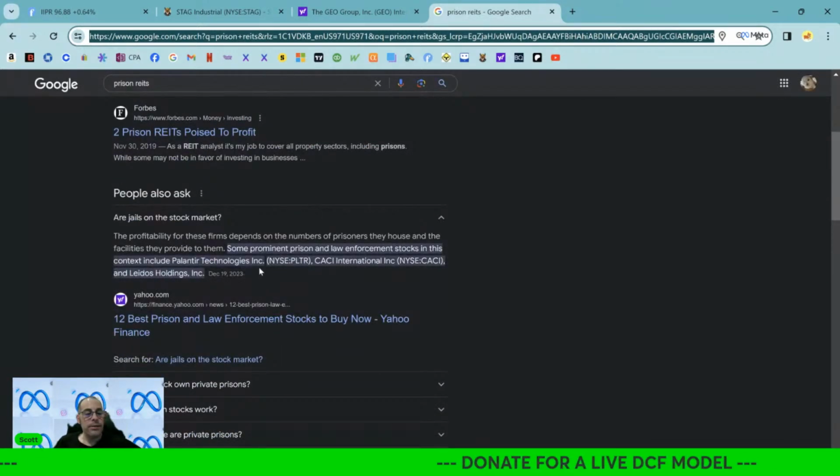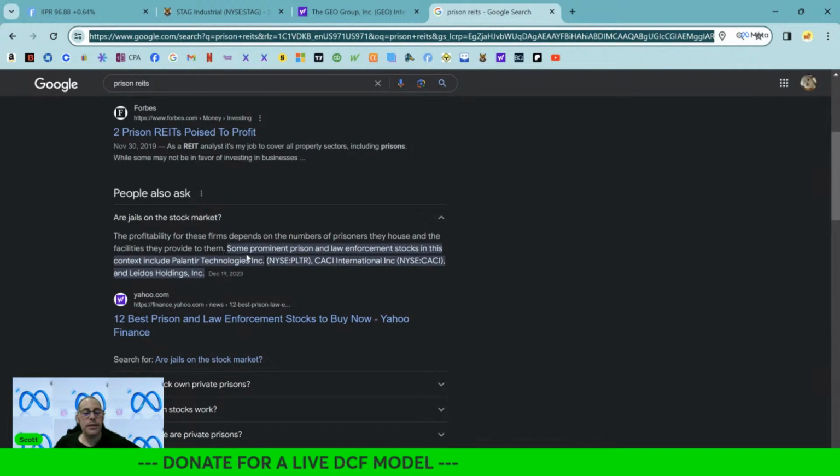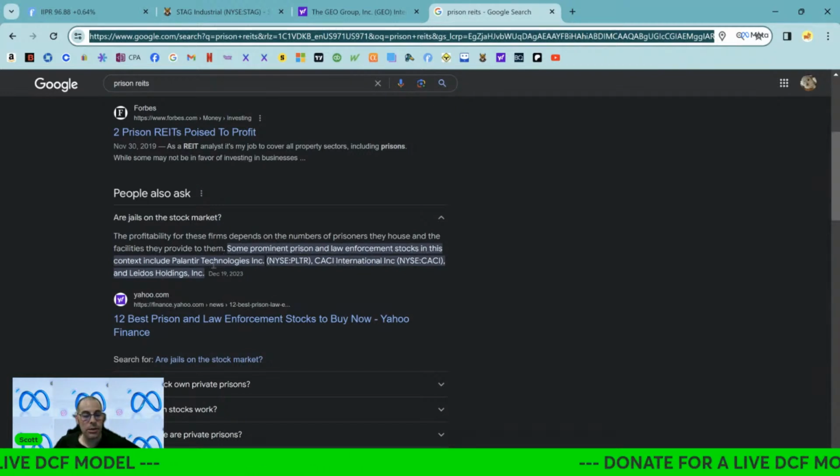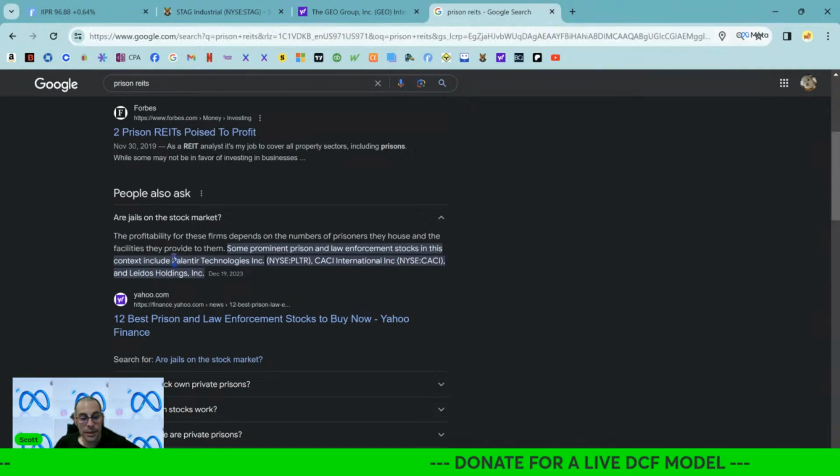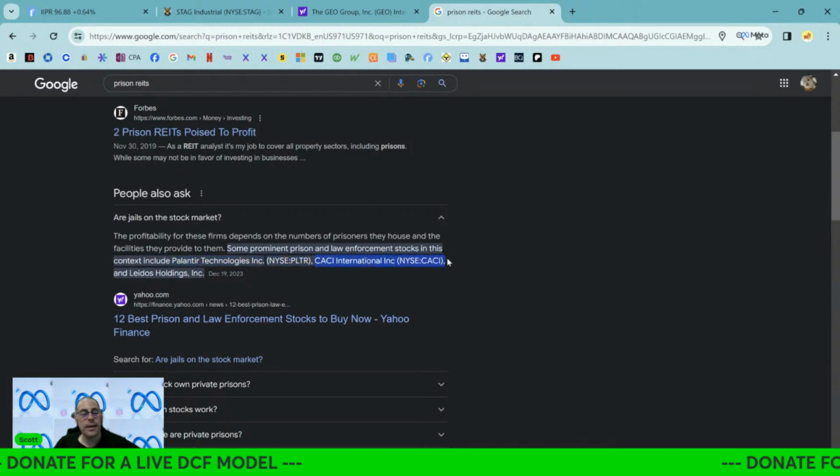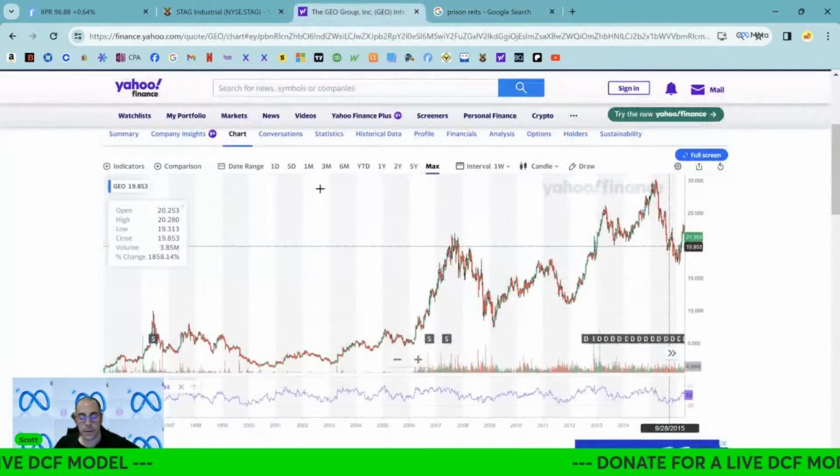But the profitability for these firms depends on the number of prisoners they house in the facilities. Some prominent prison and law enforcement stocks in this context include Palantir. Palantir is a prison stock? I wouldn't have thought of that. CACI, I did a video on them before.